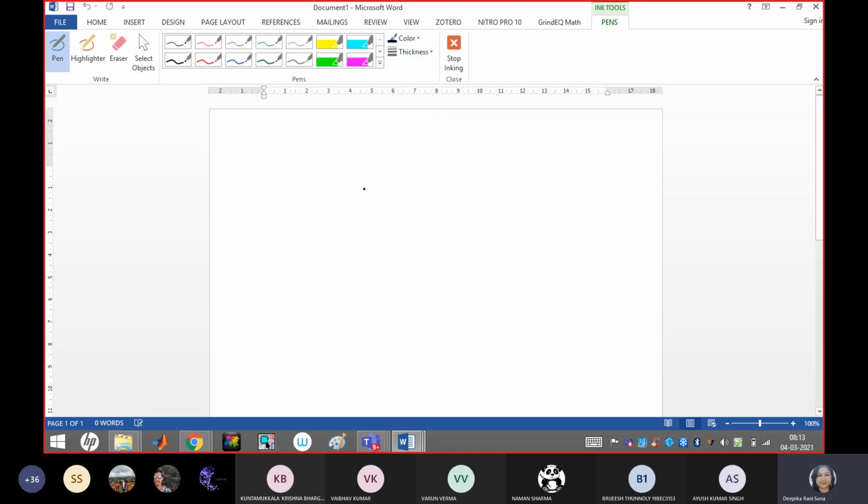After getting the gain is 2, now tell me what is the V naught equation. Gain into V in. So here gain is 2 and V in is V1. So what is the V naught? 2 V1.